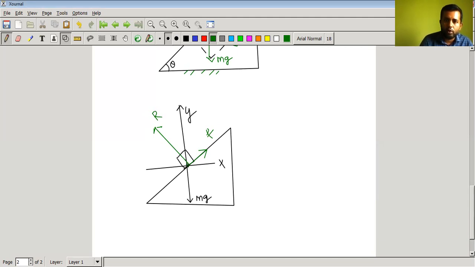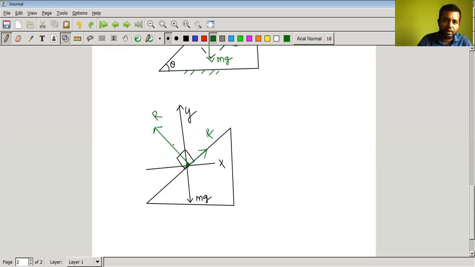Now we all know that this angle is going to be theta. What about this? This will be 90 minus theta, right? This angle will obviously be 90 minus theta, and this angle is going to be theta. Again, this x and y axis are perpendicular, so if this is theta, this must be theta.